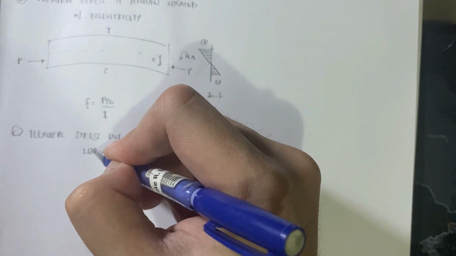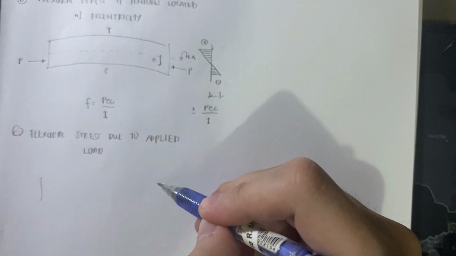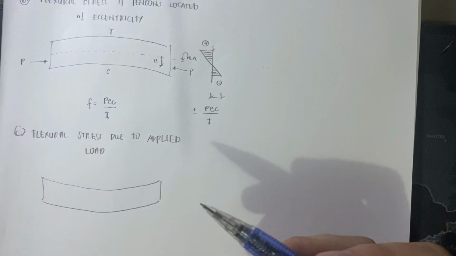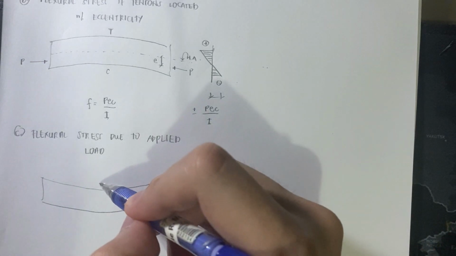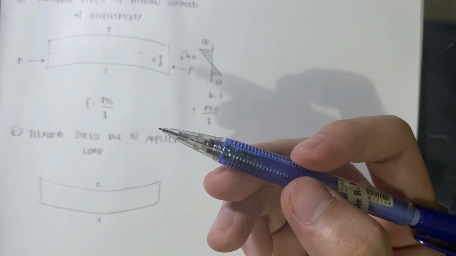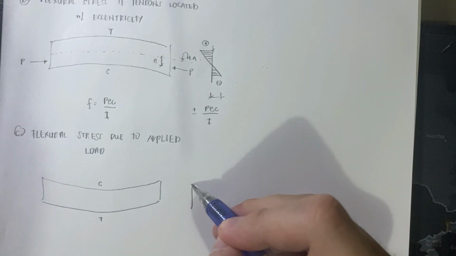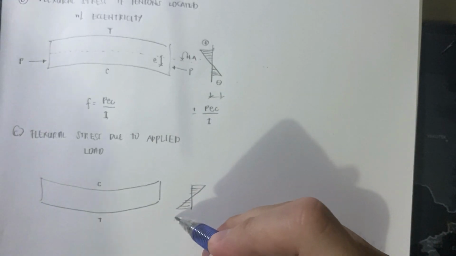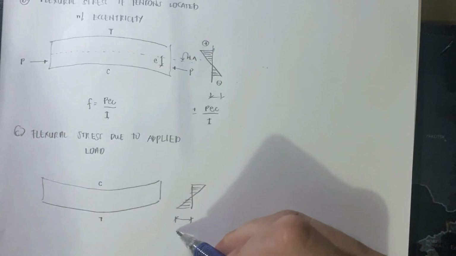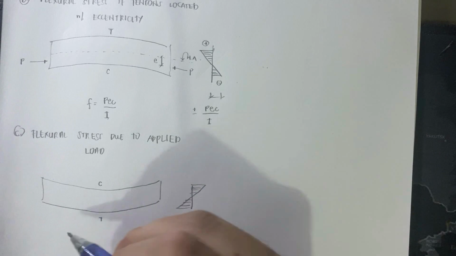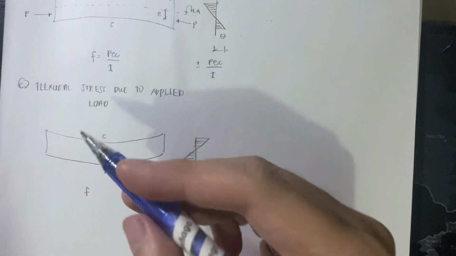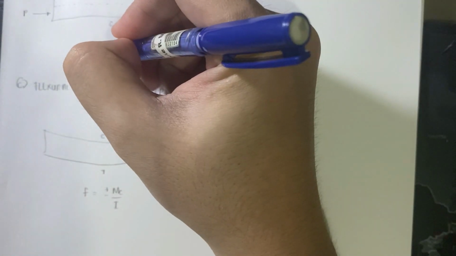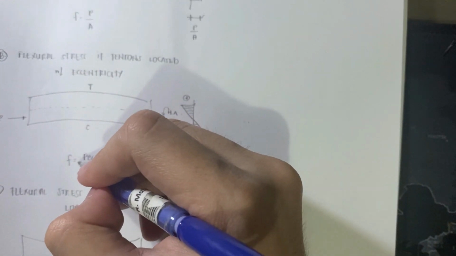That load is downward, so our beam will deflect downward. So the top will be compression, and the bottom will be tension. If you draw the stress diagram, the top is negative and the bottom is positive, which is equal to MC over I. So the flexural stress due to the applied load is equal to MC over I. Take note that our moment of inertia is taken from the cross-sectional area of the beam.